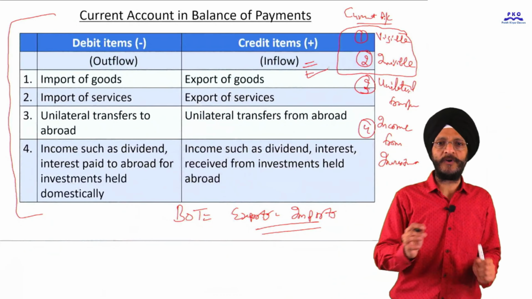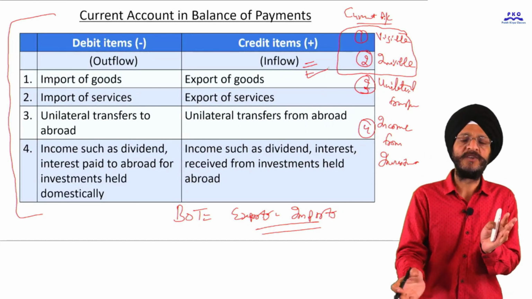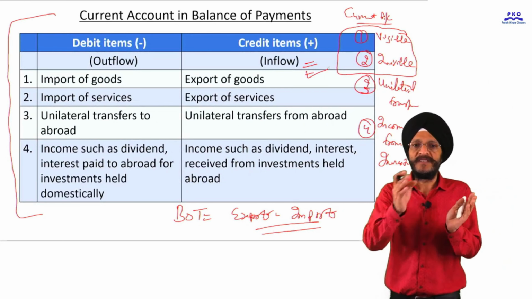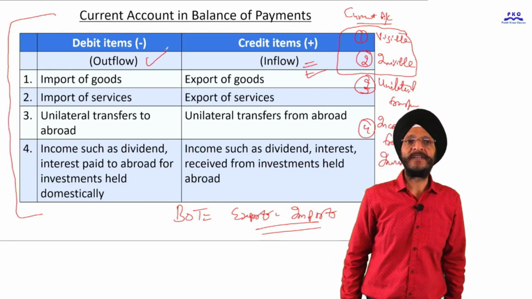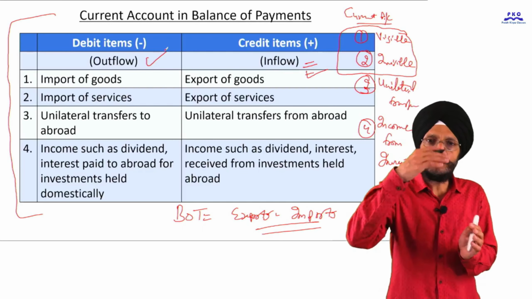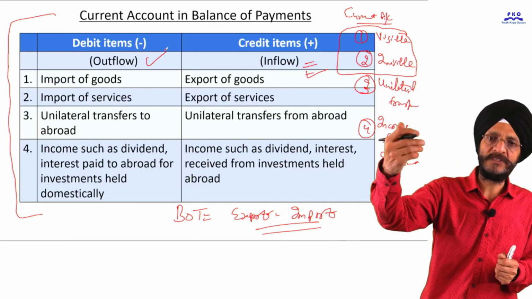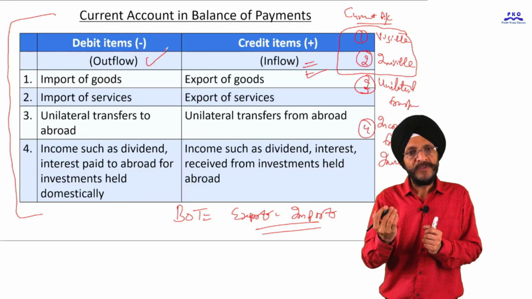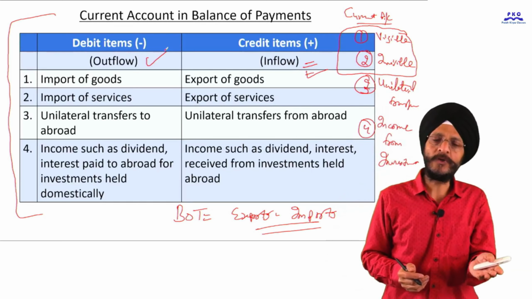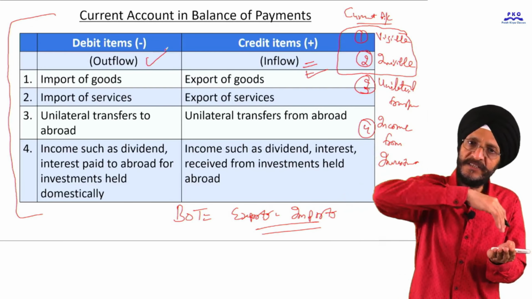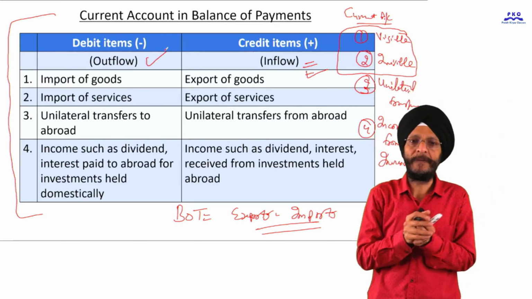All those transactions on account of which there is outflow of foreign exchange are recorded on the debit side. When we export goods or export services, we receive foreign exchange, so they are recorded on the credit side. When we import goods and services, there is outflow of foreign exchange, so they are recorded on the debit side.